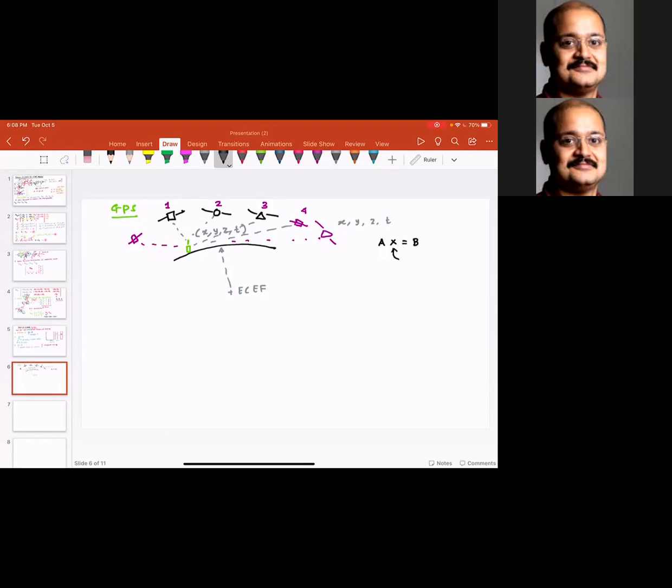Your x vector is the position PX, PY, PZ, and T. This is what you want to find out. The bare minimum number of satellites that you need to find these 4 unknowns is 4. But there are many satellites. As more and more satellites are visible to the receiver, we get additional information, which means this A and this b will change.